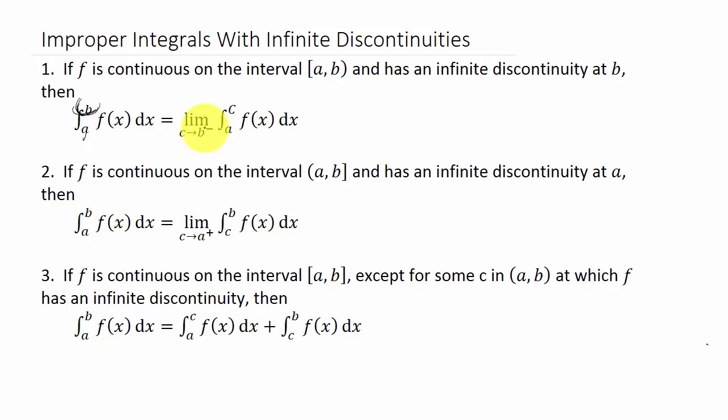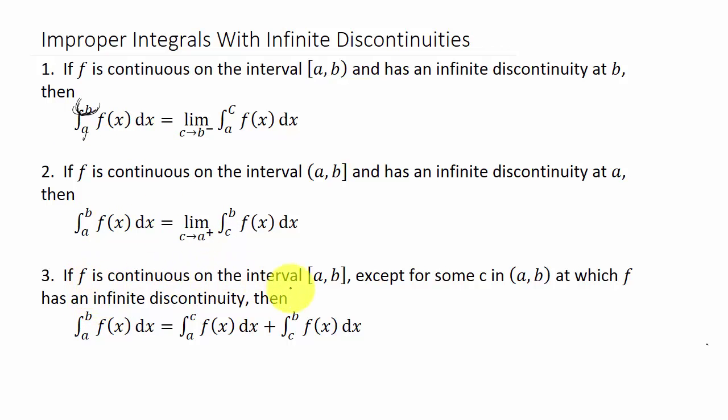Now, the upper limit is discontinuous, so when we take the limit we approach from the left. Well, in this problem it's discontinuous at a, which is the lower limit. If it's discontinuous at the lower limit, then we come into that value from the right. So if it's the upper limit, we come in from the left; if it's the lower limit, we come in from the right.